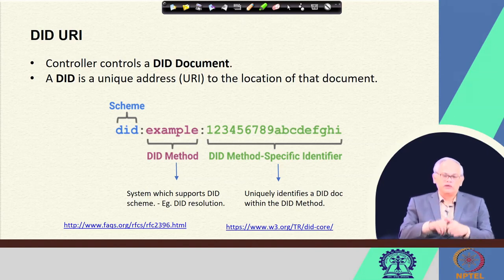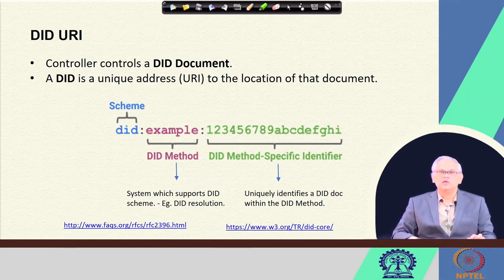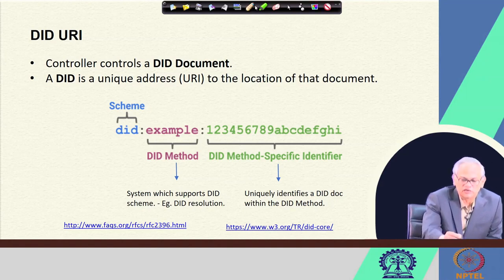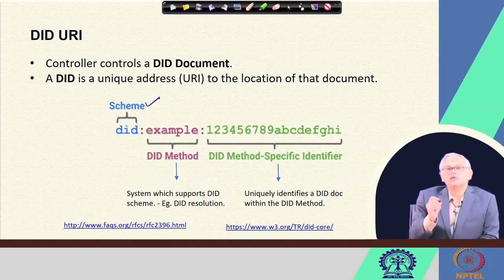But now coming back to what this DID is all about. A DID is a unique address, a universal resource identifier, URI, that points to the location of that document, and it has different components as mentioned here. One is the scheme, and the scheme is always DID.